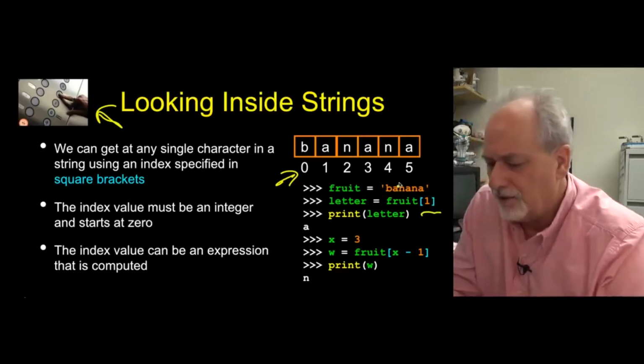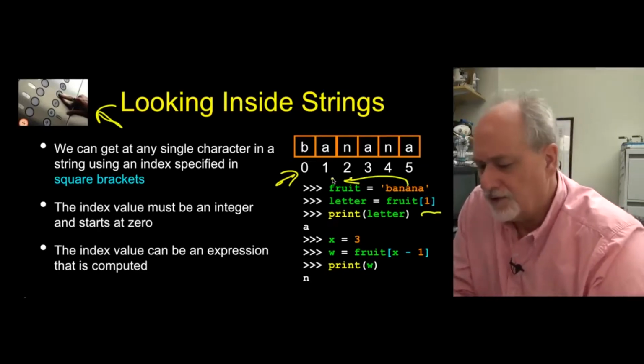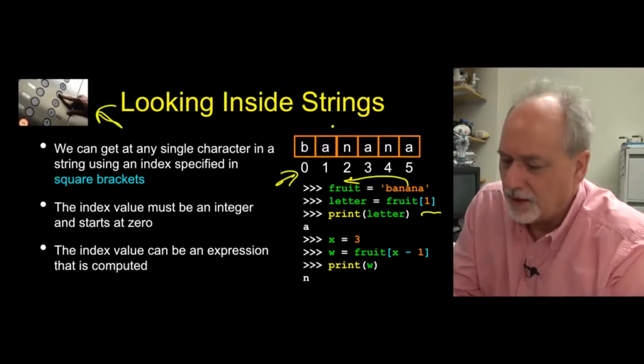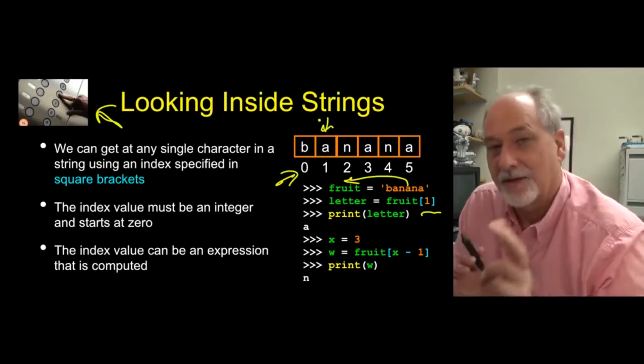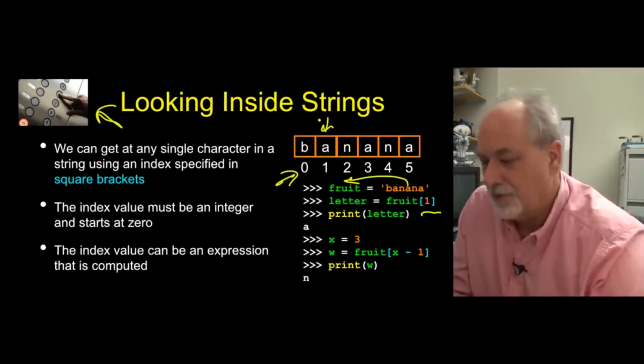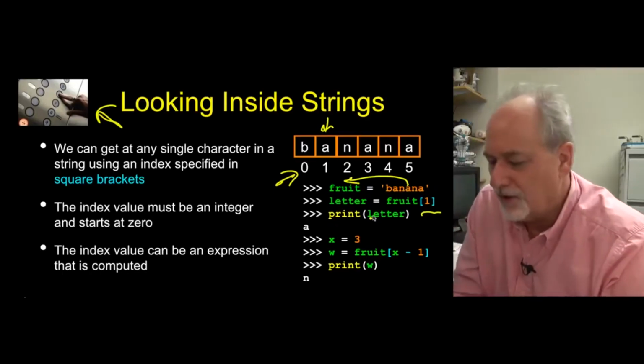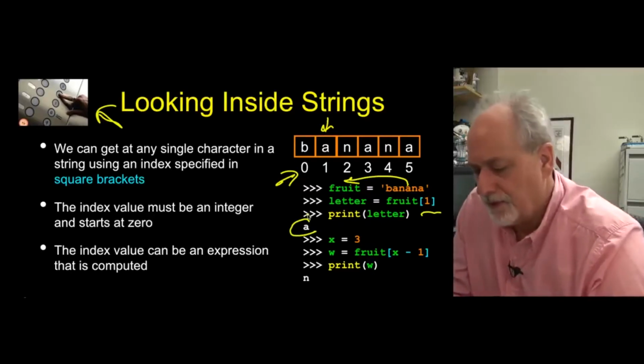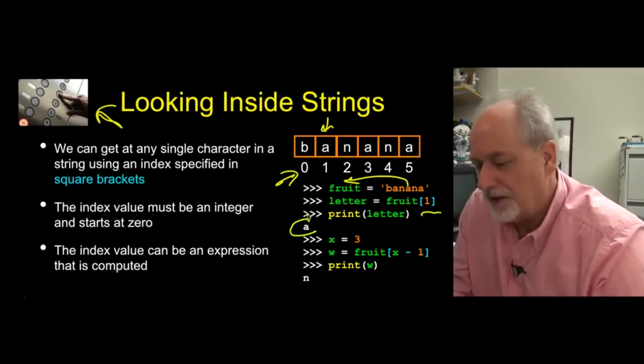So fruit is a variable that contains the string banana, and then fruit sub 1 is the character that's in position 1. Now that actually is the second character. I'll keep reminding you until I get tired of reminding you. So that assigns the letter a into the variable letter.